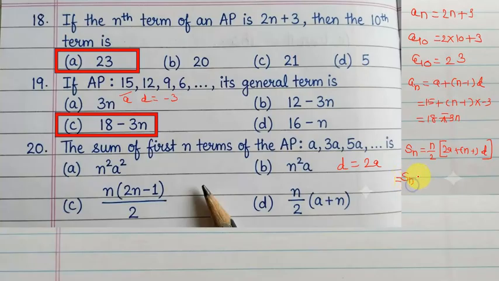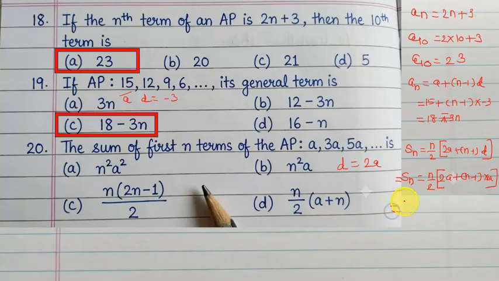Therefore, Sn is equal to n upon 2. What about the first term? The first term is a. a into 2, that is 2a, n minus 1. What about the d? d is 2a.